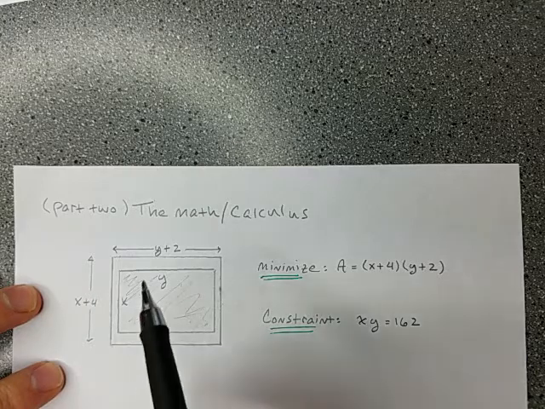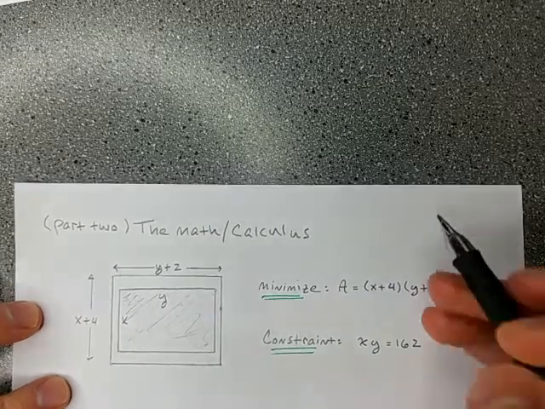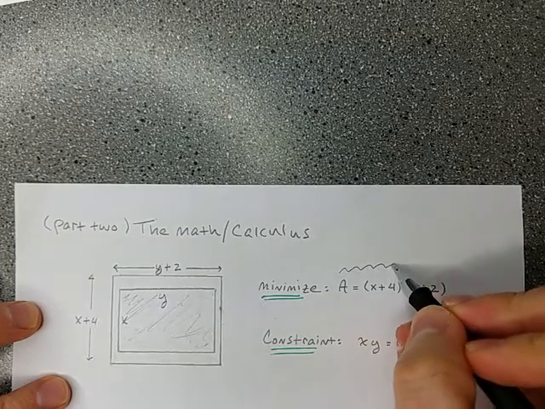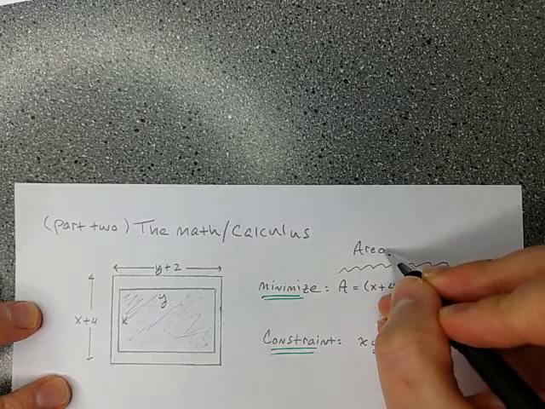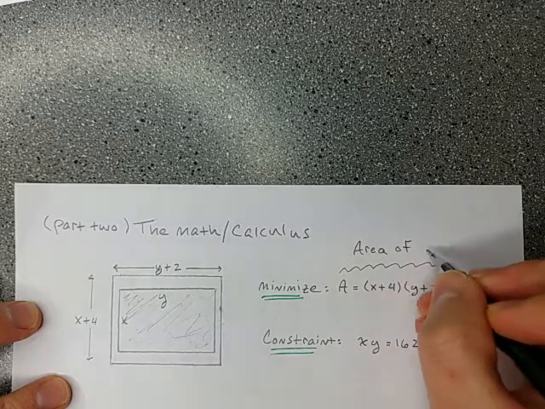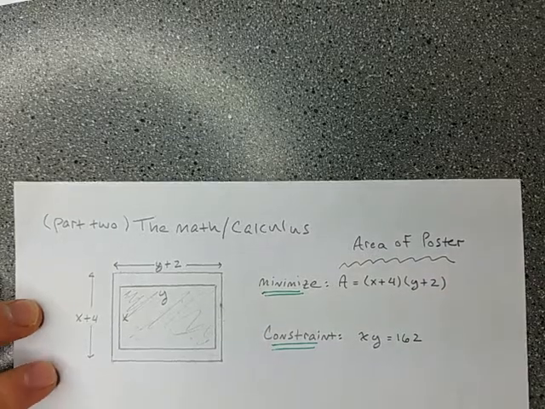Now, what's the overall area of the poster? When I put A for area, that's the area of the entire poster itself, margins and all.